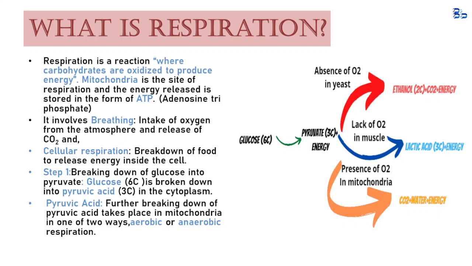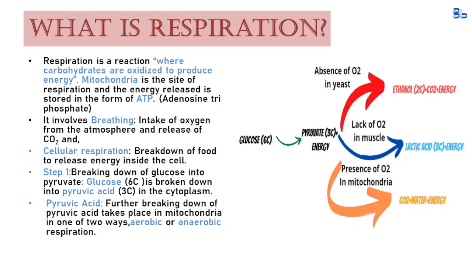The first step is where glucose breaks down into pyruvate. Glucose is a 6-carbon compound and it breaks down into the 3-carbon compound pyruvate and releases some energy in this process. This first step takes place in the cytoplasm of the cell.